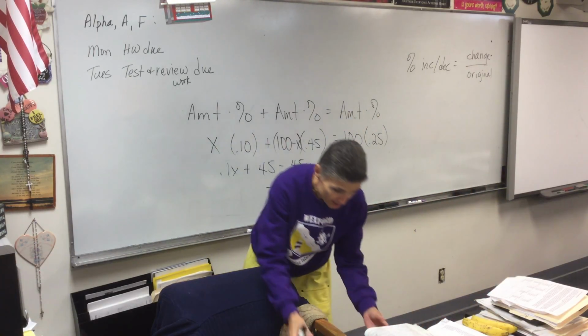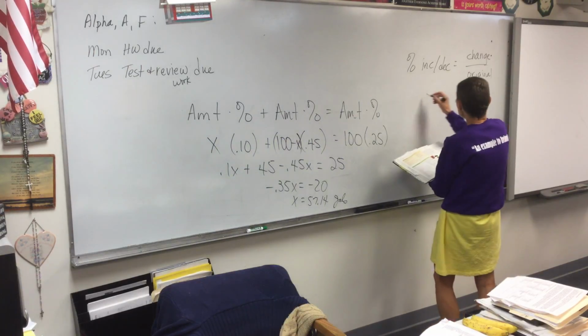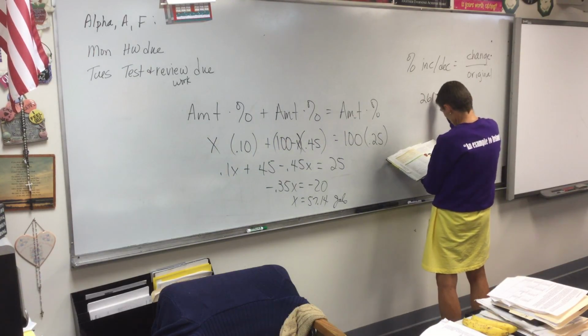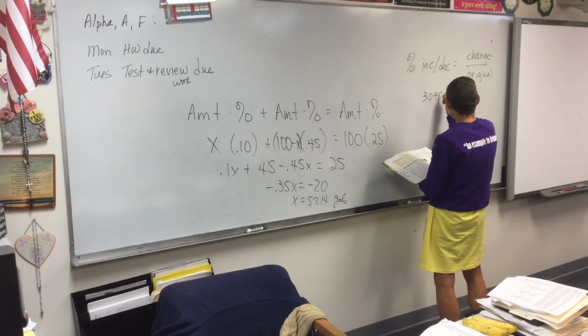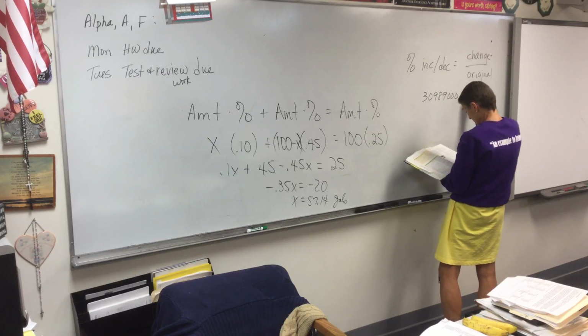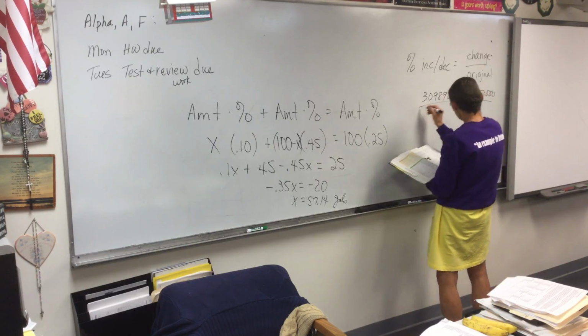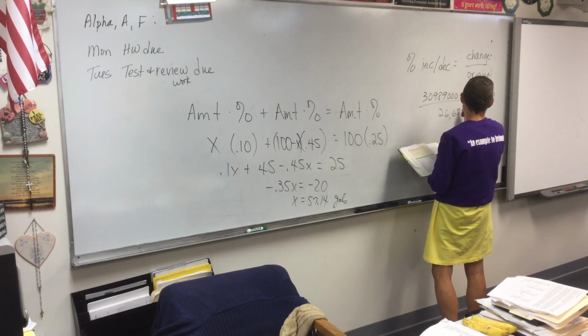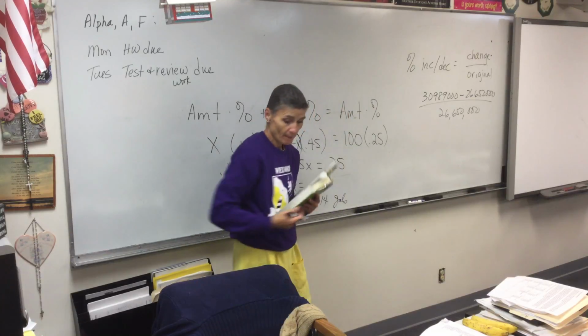So for us, number 30 would be 26, oh wait, let's see. It would be 3,989,000 minus 26,650,000 divided by 26,650,000. Does that look okay to everybody? Yep.